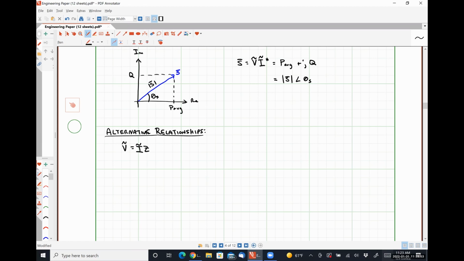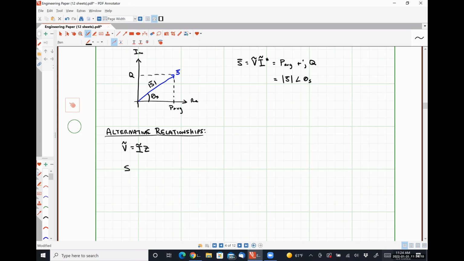Because Ohm's law is Ohm's law in any analysis method I can think of, we can develop relationships for complex power that utilize this relationship.